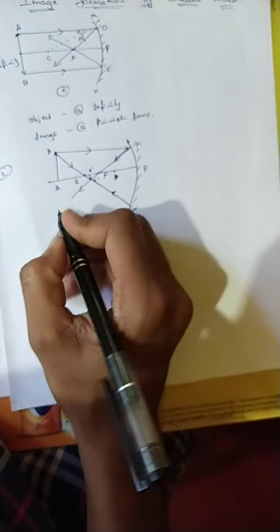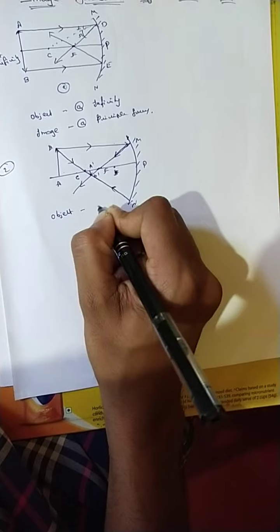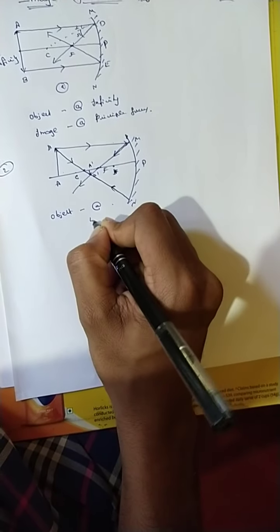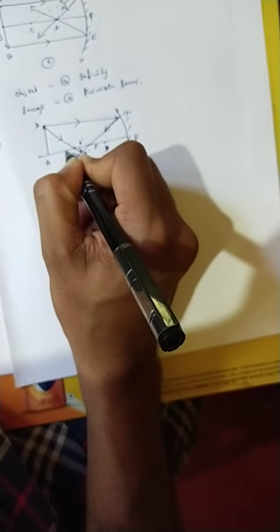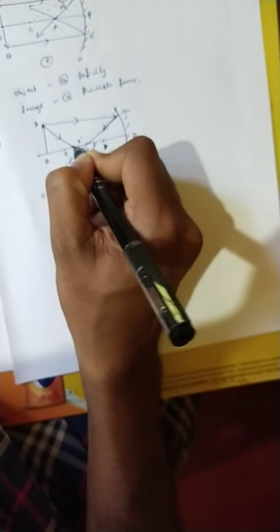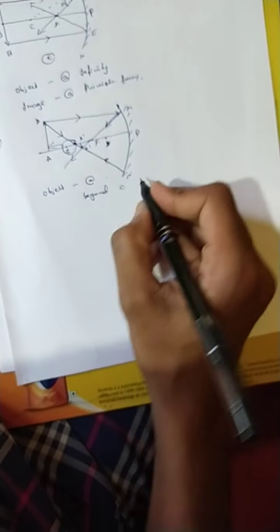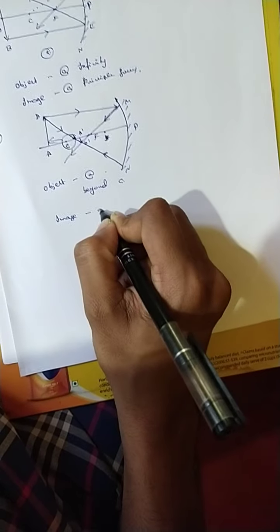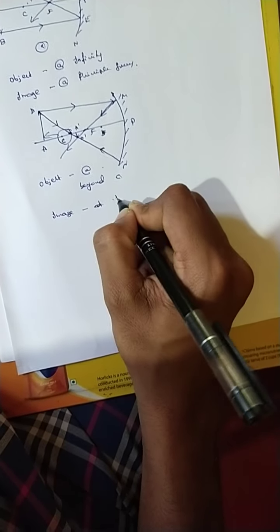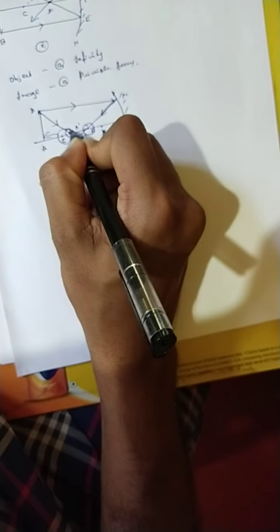Now the object is placed beyond C, this is the point C, and the image is obtained in between the principal focus and the center of curvature.